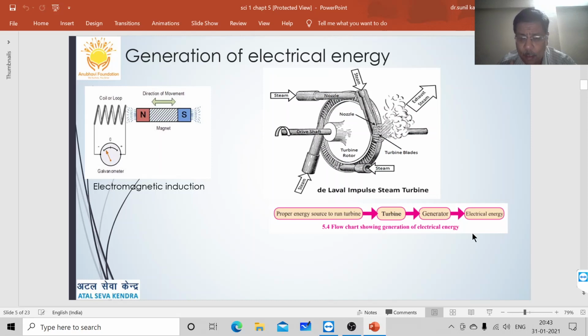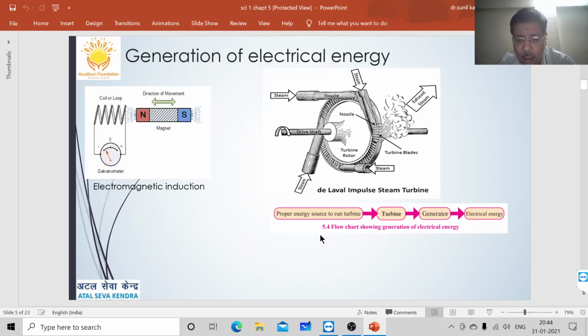Remember this, the principle remains the same throughout, whatever the type of energy or electrical energy production source, or type of electricity produced, whether it is hydroelectric, steam energy, or thermal power station, the concept still remains the same.